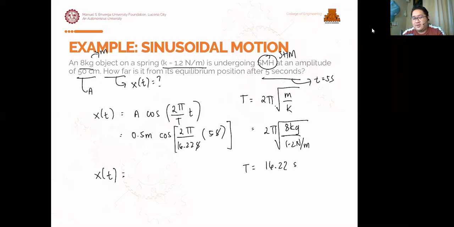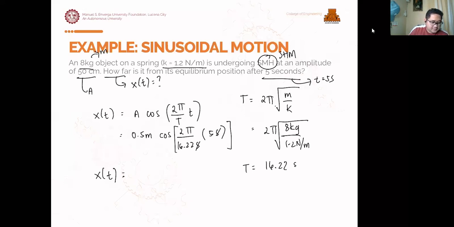Tapos, select mo rad, number 4. Pero kailangan ibalik yan sa degrees. Okay, sa 4. So, para maging R yung nandun sa taas niya. Okay? Anong value na kukuha?